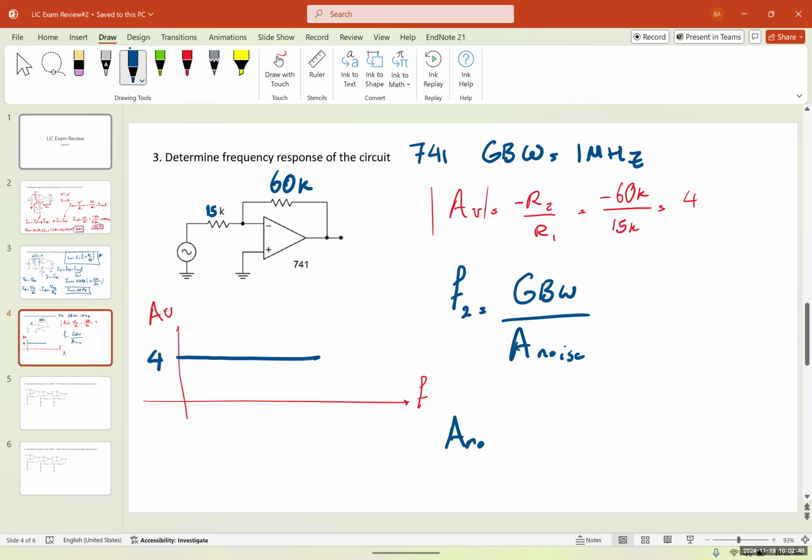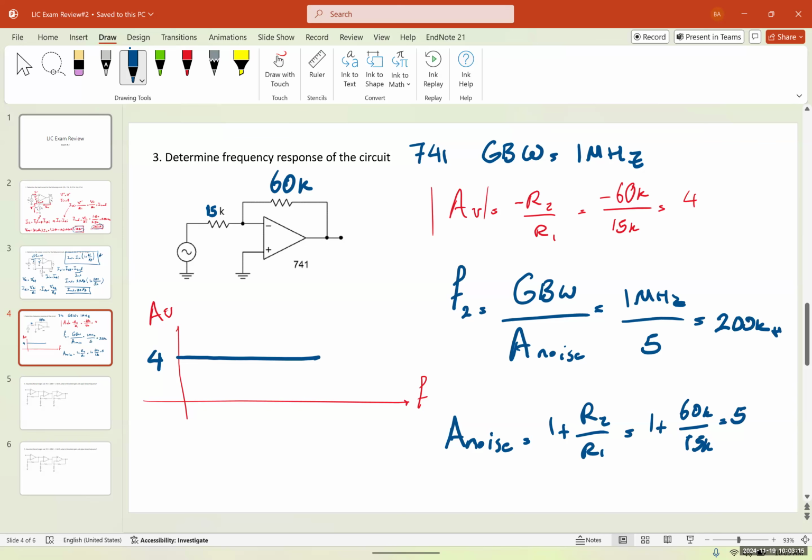And A noise for the system is going to be 1 plus R2 over R1, which gives us 1 plus 60K over 15K, which is equal to 5. So again, the upper cutoff frequency would be 1 megahertz divided by 5 gives us 200K. So the upper cutoff frequency is going to be 200 kilohertz. And this is going to be our bandpass.